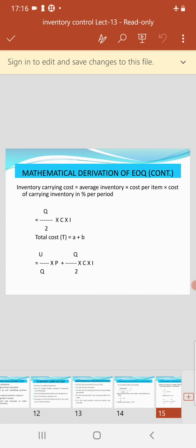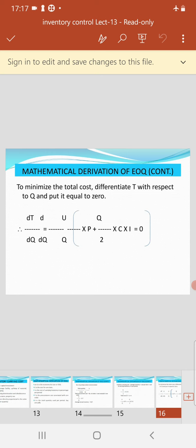So inventory carrying cost is average inventory quantity into cost per item into cost of carrying inventory in percent per period. So by this we can calculate the total cost. So the total cost is total number of products U divided by economic order quantity Q into cost associated with one order plus the carrying cost.